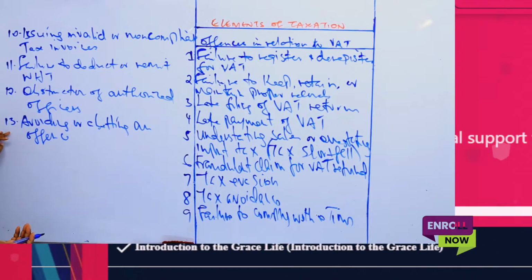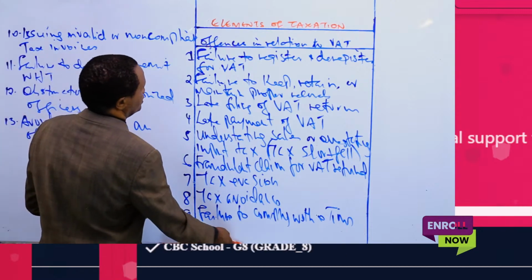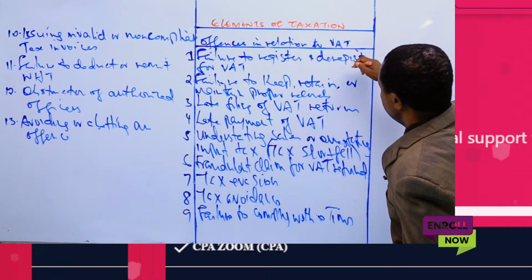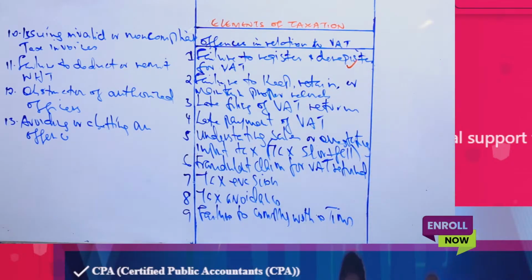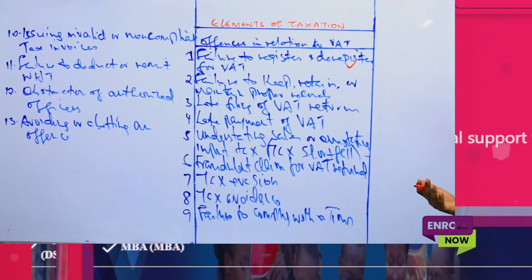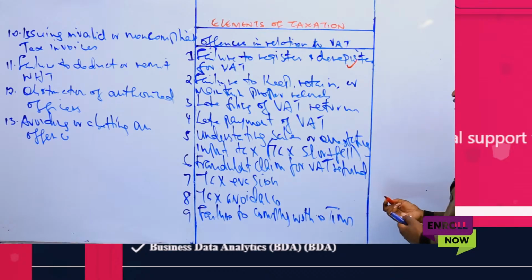So these are 13 offenses in relation to VAT. One is failure to register or deregister for VAT. That's offense number 1. We've said that these offenses are primarily governed by the Tax Procedures Act and the VAT Act of 2012.